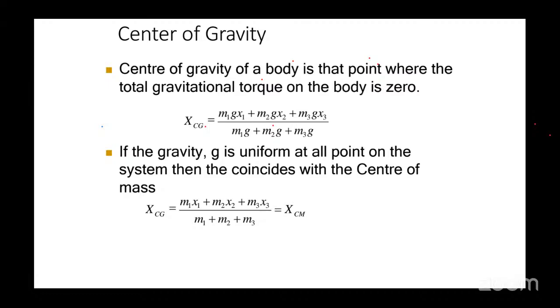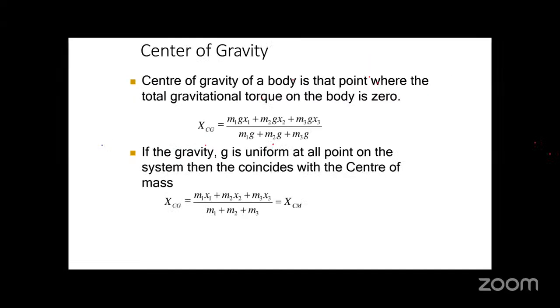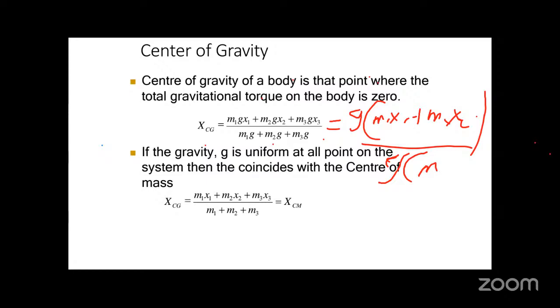This will become G outside, M1 X1 plus M2 X2 and so on, all over, at the denominator, G which is common outside again, M1 plus M2 plus and so on.